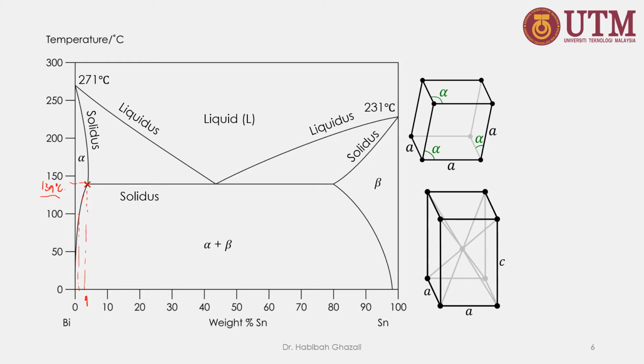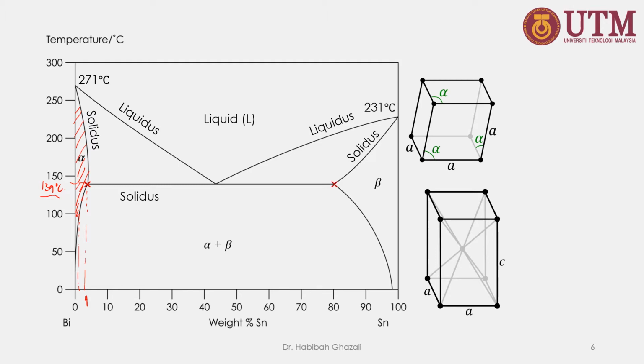So this bismuth-rich solid solution is what we call alpha solid solution. So in this region, we only have alpha solid solution. And let's have a look at this point here.